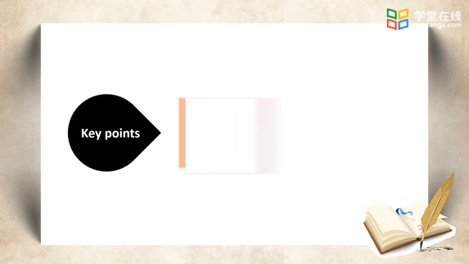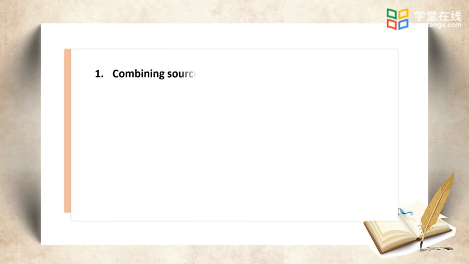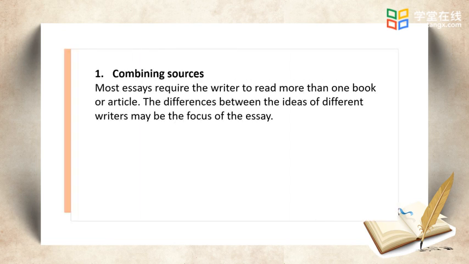Key points. Next, you need to pay special attention to the key points. The first is on how to combine different sources in a literature review. 1. Combining sources. Most essays require the writer to read more than one book or article. The differences between the ideas of different writers may be the focus of the essay.